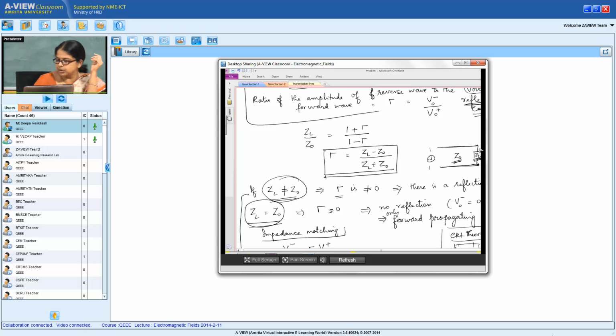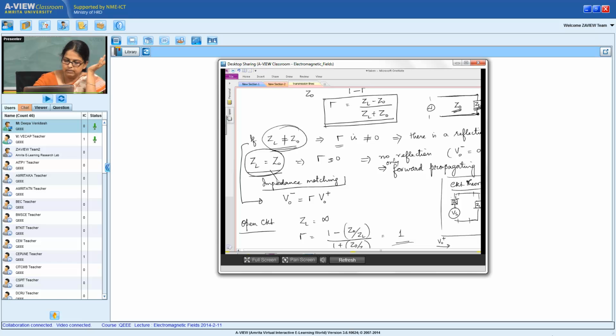We look upon the problem as the following. If I have a transmission line connected to a load, you can justify the reverse propagating wave if you say that a part of your incident wave is getting reflected back unless it is impedance matched. We looked at the condition for impedance matching. Impedance matching would mean ZL equal to ZO.